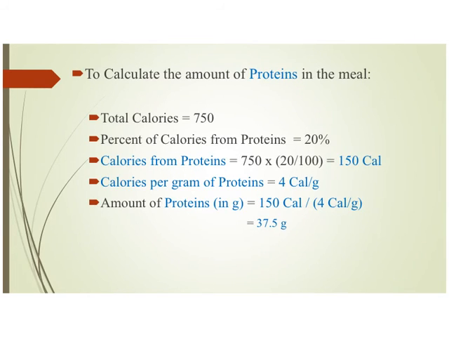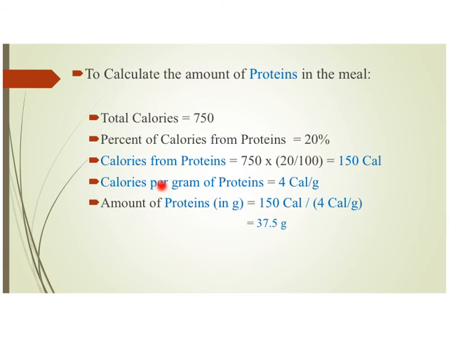Lastly, we will see how to calculate the amount of proteins in the meal. We will follow the same steps. Total calories provided by our meal were 750. 20% of the calories were provided by proteins. So calories from proteins would be 750 times 20 divided by 100 is equal to 150 calories.